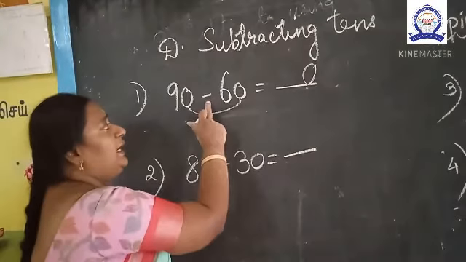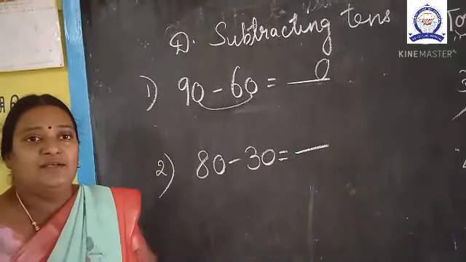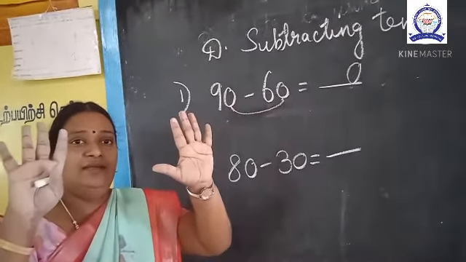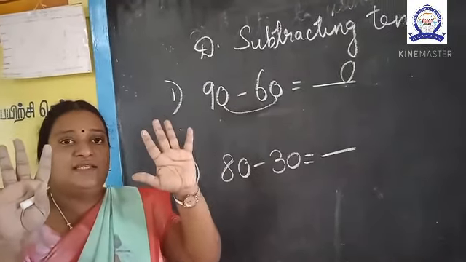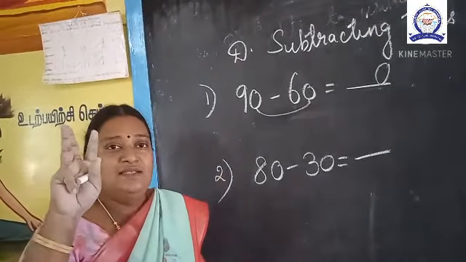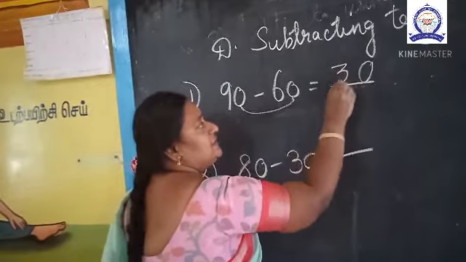So 9 minus 6. 9 minus 6. So in finger method, 5, 6, 7, 8, 9. 9 fingers. Subtract 6. Fold 6 fingers. 5, 6. Remaining 3. So your answer is 30.